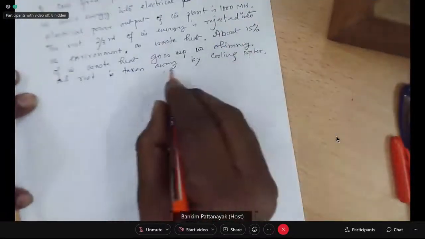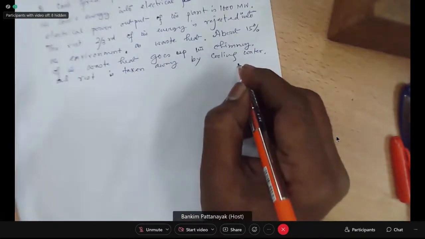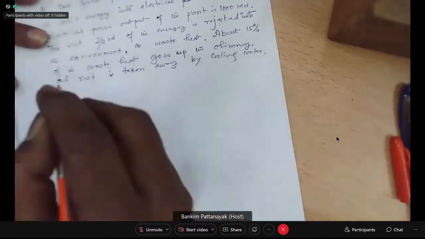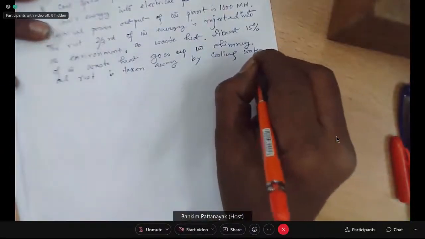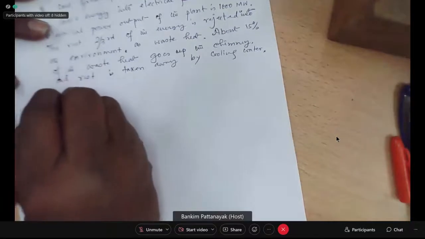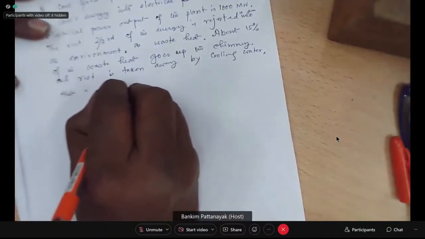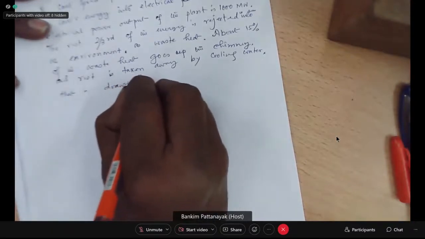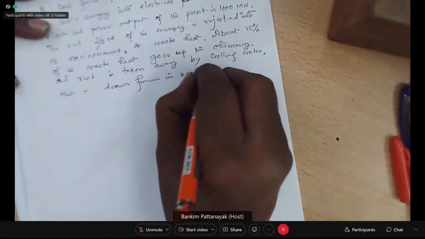About 15% of the waste heat goes up the chimney and the balance is taken away by the cooling water that is drawn from the nearby river.